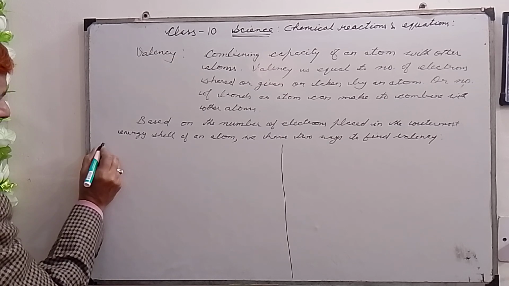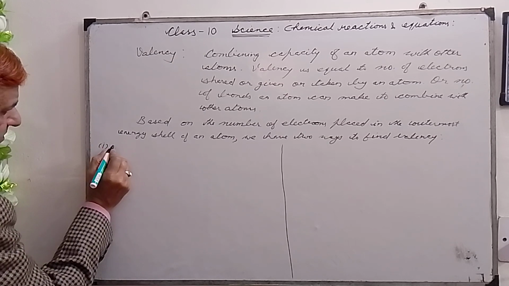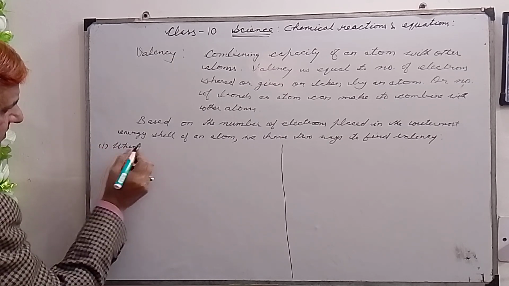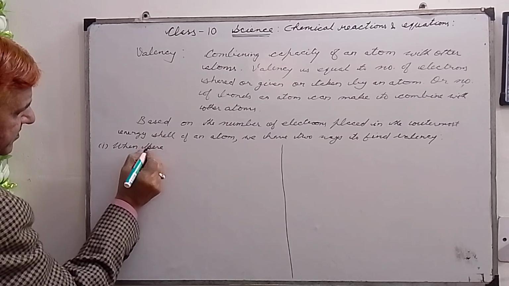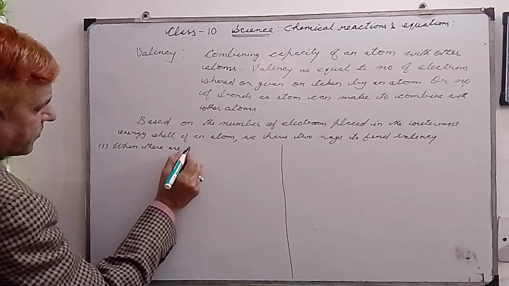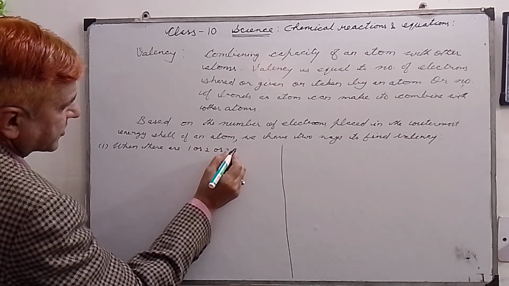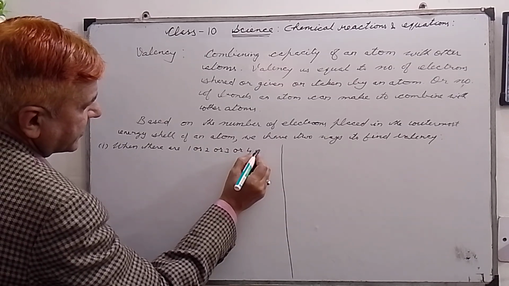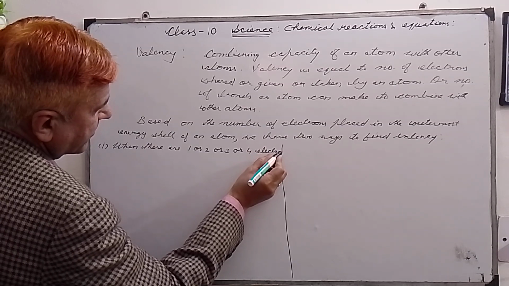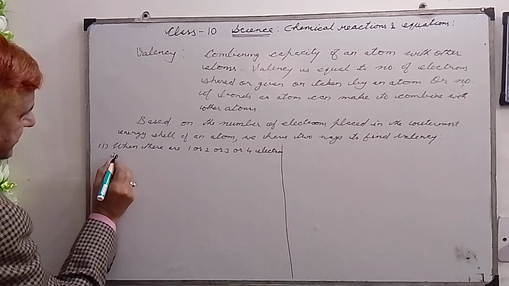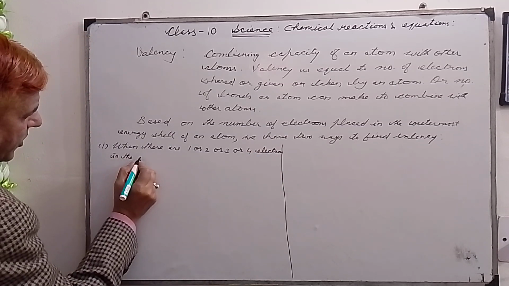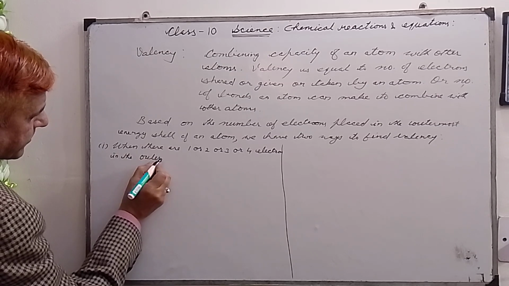The first is when there are one or two or three or four electrons in the outermost shell.